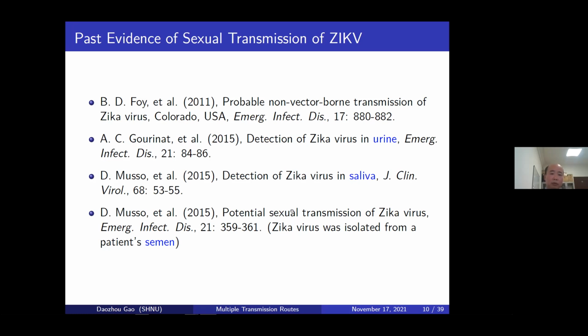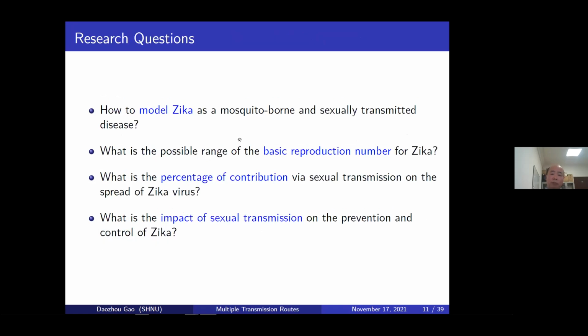Based on this limited information, I wanted to propose a Zika model incorporating both sexual transmission and mosquito-borne transmission. Then I wanted to estimate the basic reproduction number of Zika and evaluate the percentage of contribution of sexual transmission to Zika. Also I wanted to know the impact of sexual transmission on the prevention and control of Zika.